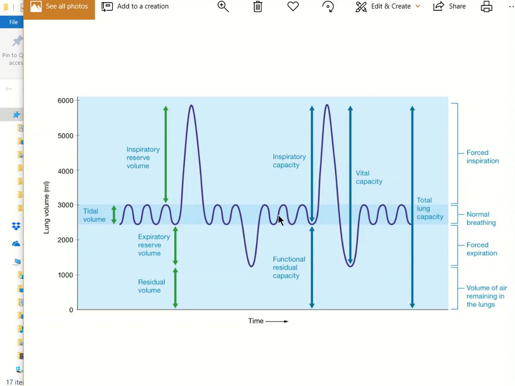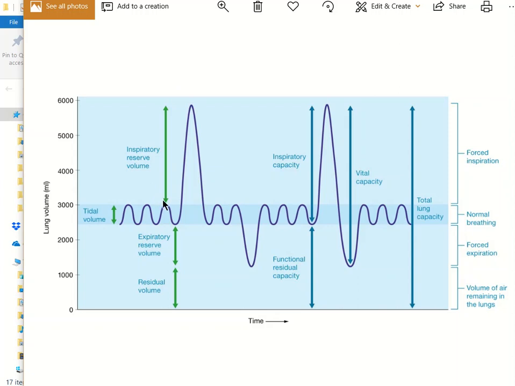Basically, it's the amount of air that you're taking in as well as expelling out of your lungs during a quiet breath.